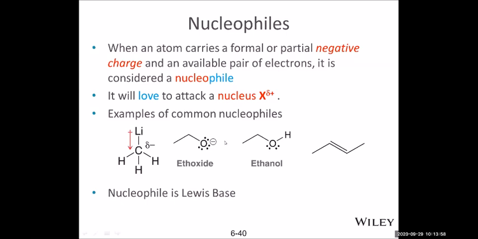And then this is a very strong base, alkoxide. An alkoxide is an alcohol that loses a proton and becomes an anion. This is also a very strong nucleophile because of the full negative charge. An alcohol, even though the molecule is neutral, has lone pairs on the oxygen.